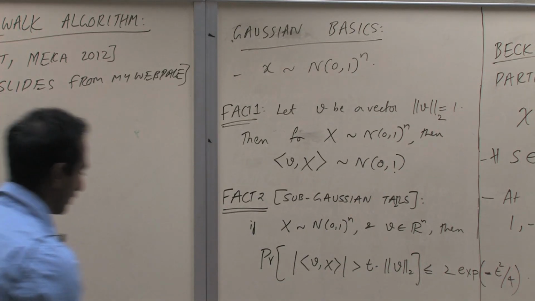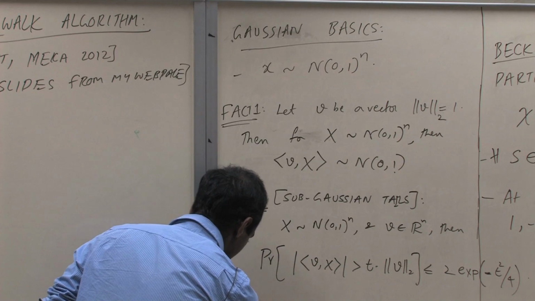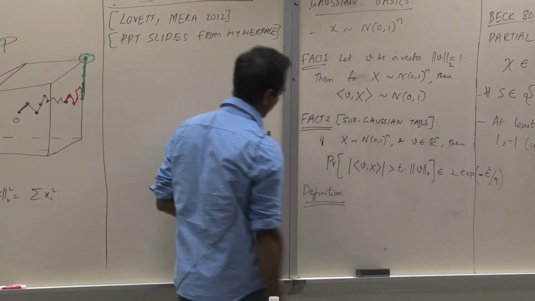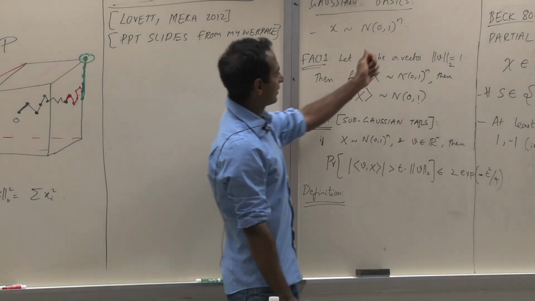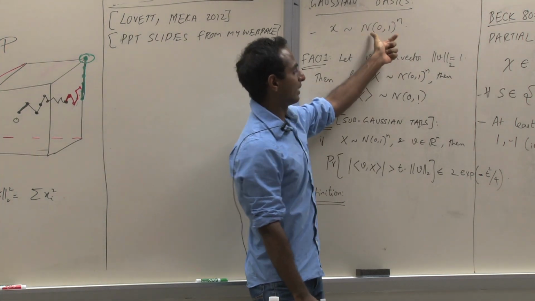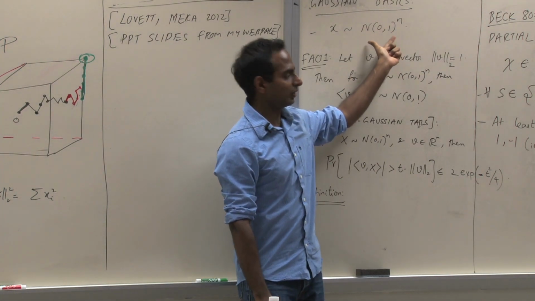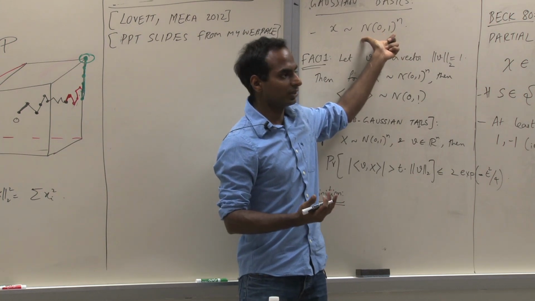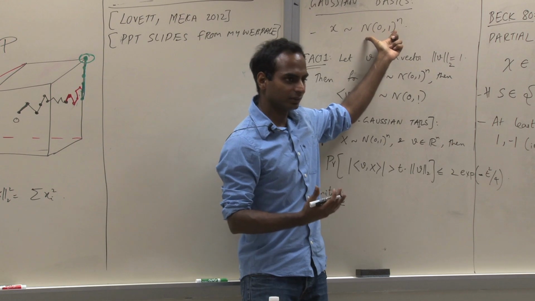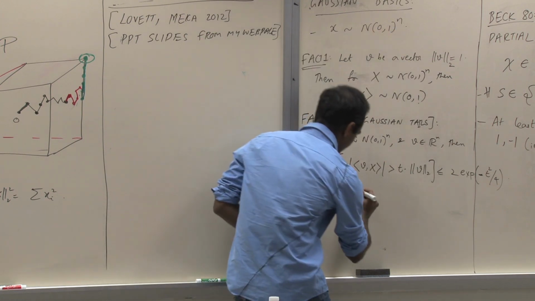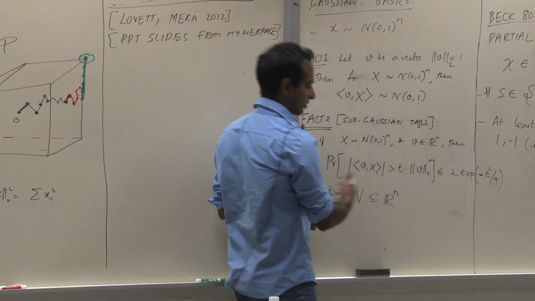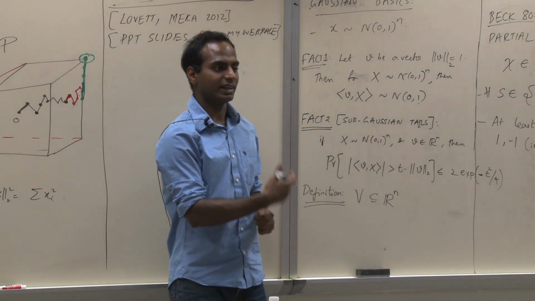Another definition is the following. Here I just said that you're taking the Gaussian distribution in n-dimensional space, but you can also specialize it for subspaces. Here the space was all of R^n. Now let's say I have a subspace V, which sits in R^n, but has a small number of dimensions, k dimensions.